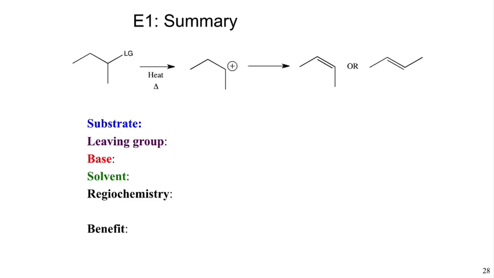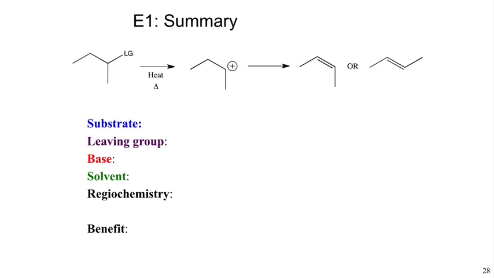So, what did the 1 mean in SN1? That was a horrible question, because you don't need to know that. When we said SN1, what does that mean? Carbocation. When we say E1, what does that mean? Carbocation.